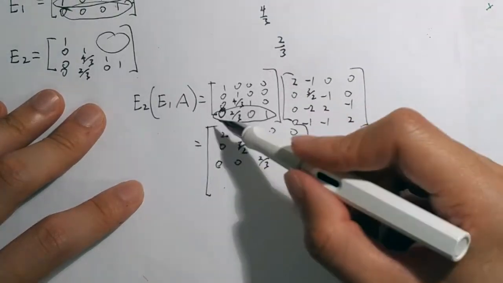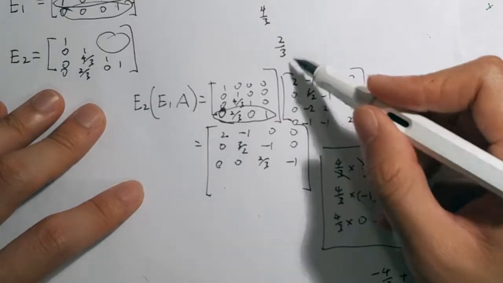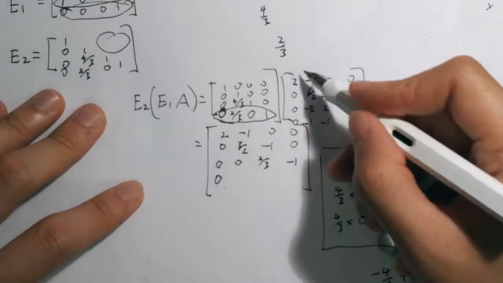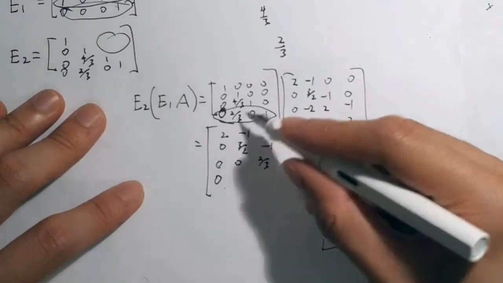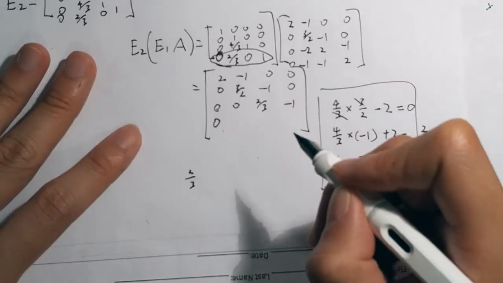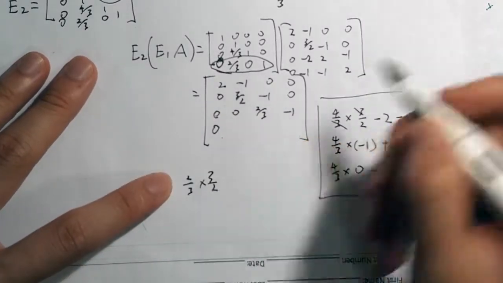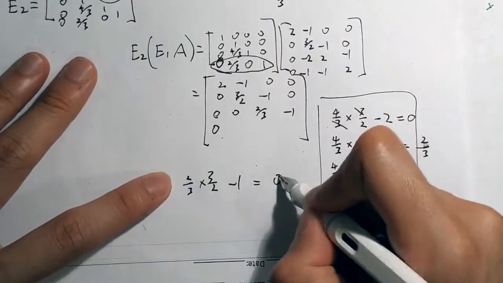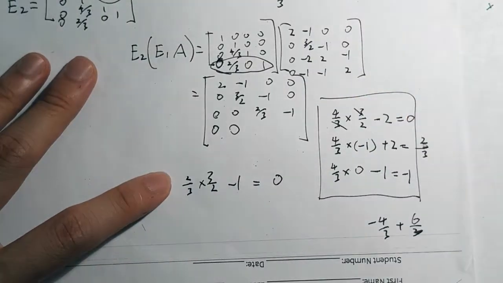So this row times this column equals 0. This row times this column, this row times this column, it gives 2 times 3, multiply 3 times 2, and then minus 1, which is equal to 0. So that's expected.